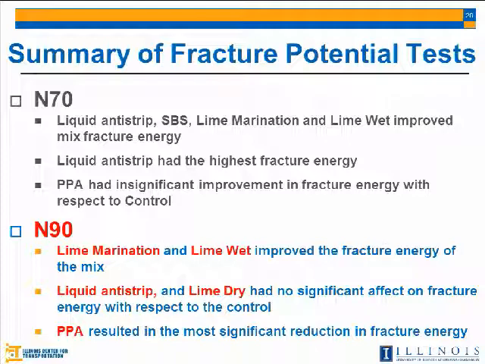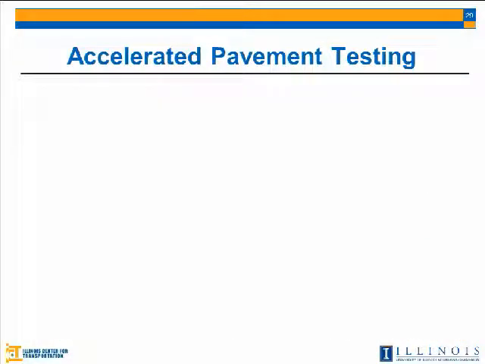For N90, lime marination and lime wet gave the best improvement on fracture energy, but the liquid anti-strip and lime dry had no significant effect whatsoever, and PPA resulted in the most significant reduction in the fracture energy when compared to the control. This takes us to the accelerated pavement testing that we are running right now.